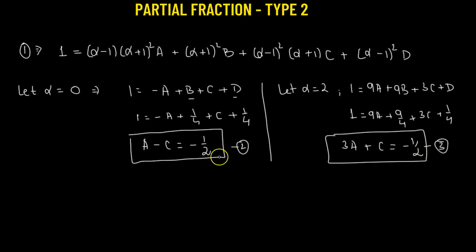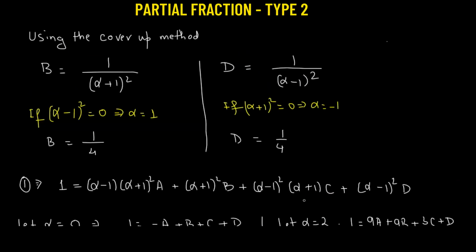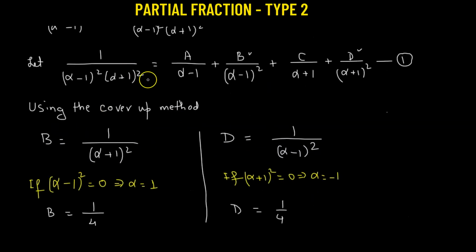When we solve equations 2 and 3, that's a very trivial exercise. Solving for A and C, we get A as negative 1 over 4 and C as positive 1 over 4. So we have obtained all the values now, with B as 1 over 4 and D as 1 over 4. We can substitute these back into equation number 1, and this is going to give us the final value.